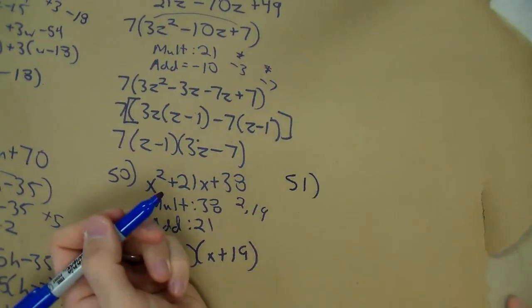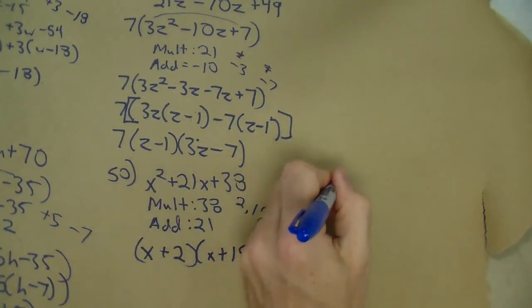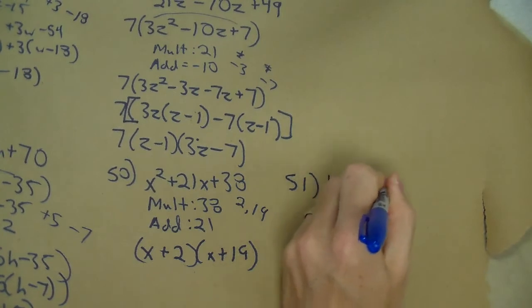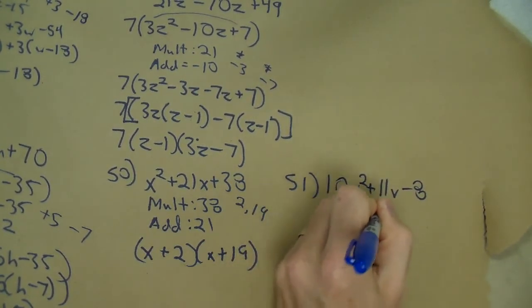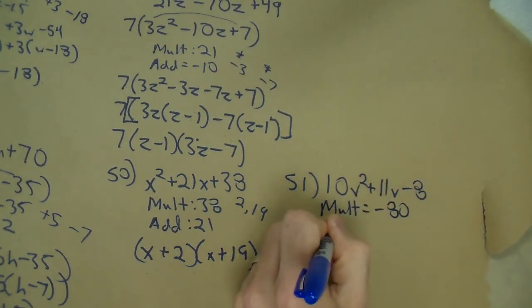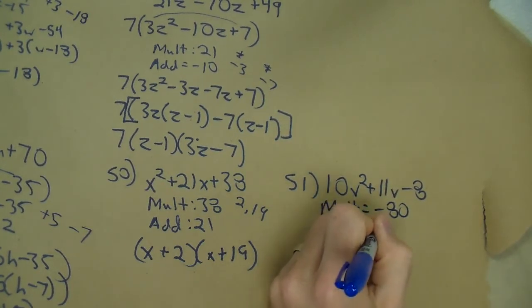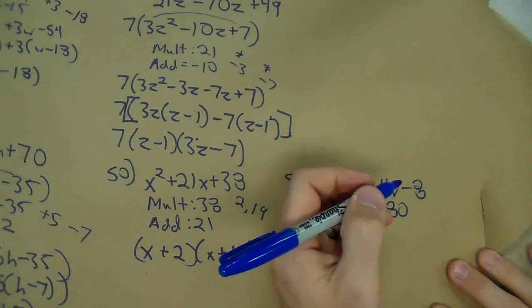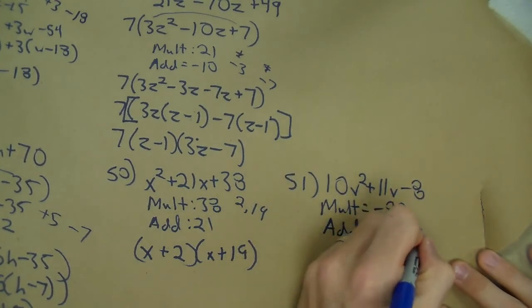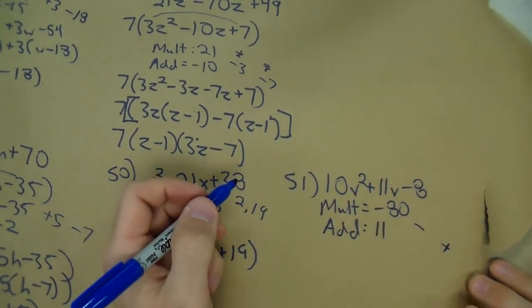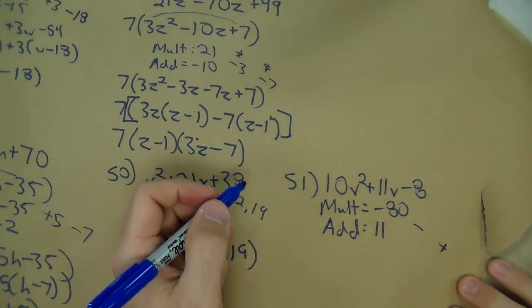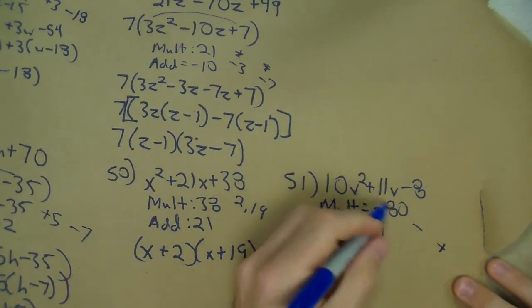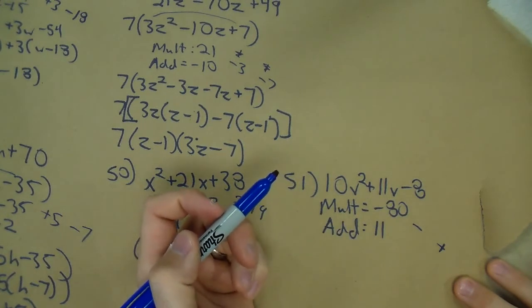51, we go 10v squared plus 11v minus 8. We're multiplying to negative 80. We're going to add to be 11. So we know it's going to be a negative and a positive. If we do 16 and 5, 16 and 5 would give us 80.